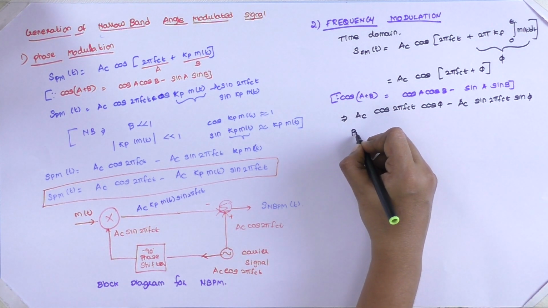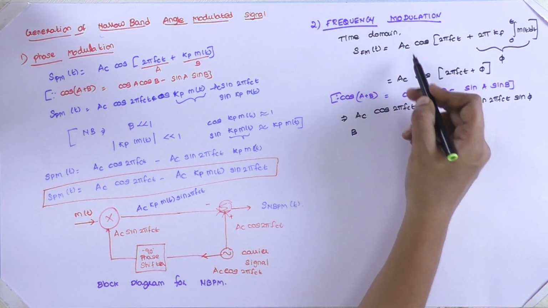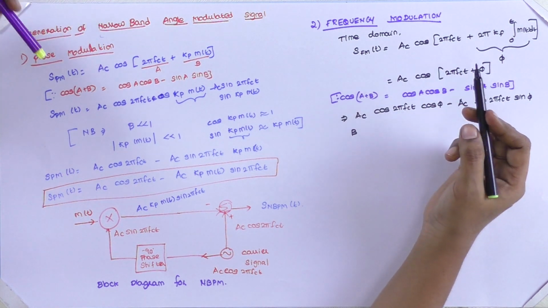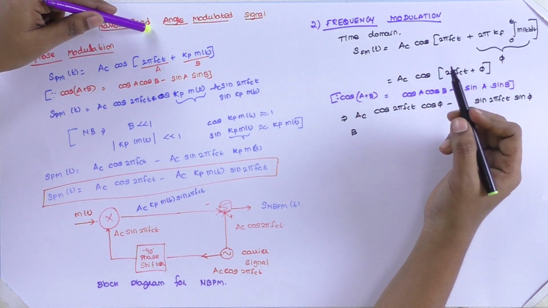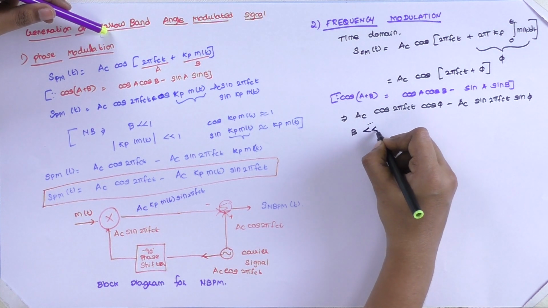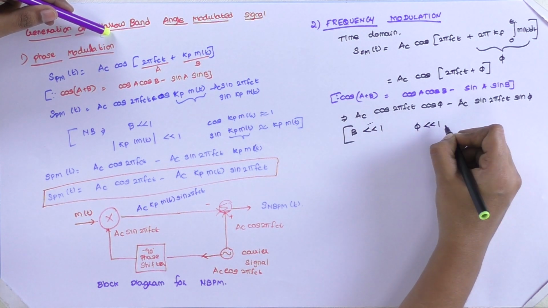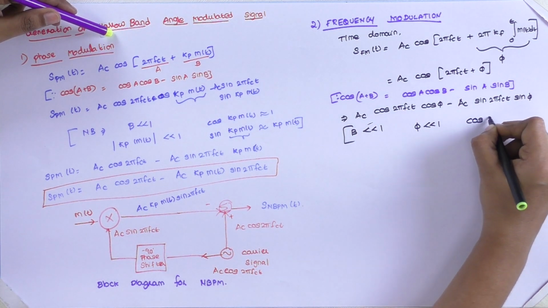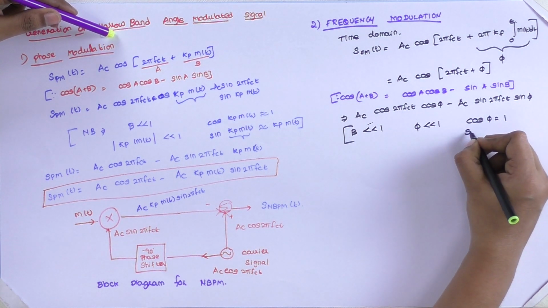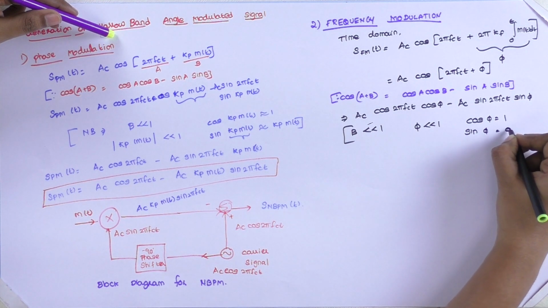We know that for a narrow band, we are generating the frequency modulated wave as well as the phase modulated wave in narrow band version. For narrow band, beta will be less than 1. Therefore, our phi term will be less than 1. Cos phi is equal to the minimum value 1, and sin phi is phi.